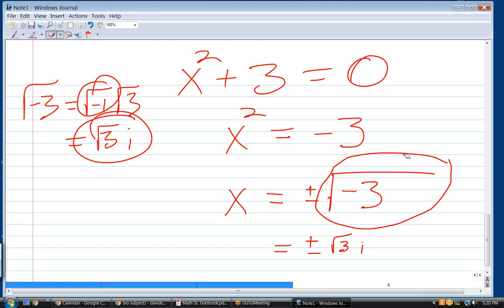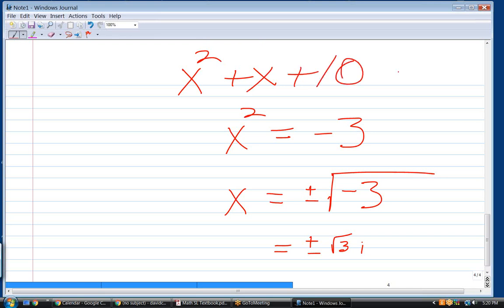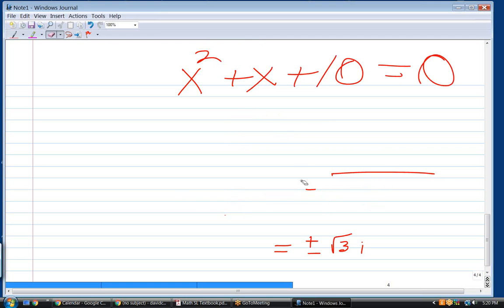So imaginary solutions happen when you're solving polynomials that don't have real solutions, like this one, or even this one. If I plug that into the quadratic formula to try to solve it, I'm going to end up with a negative discriminant.